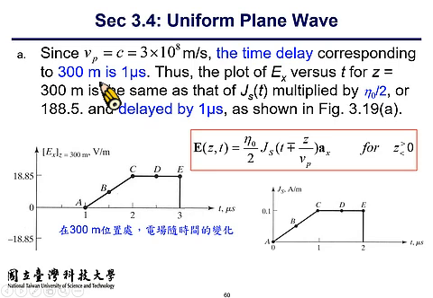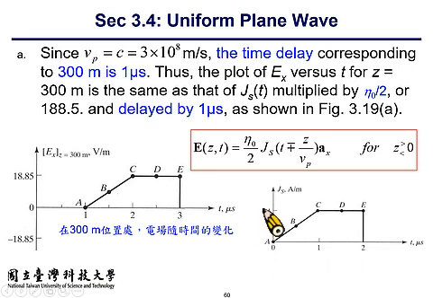And because of that, because the electrical field intensity equals 377 divided by 2 times the function for the electrical current, that will be 188.5 times the magnitude of Js.